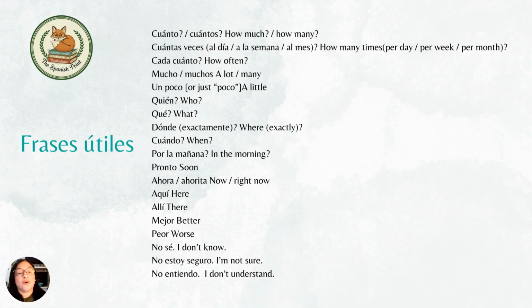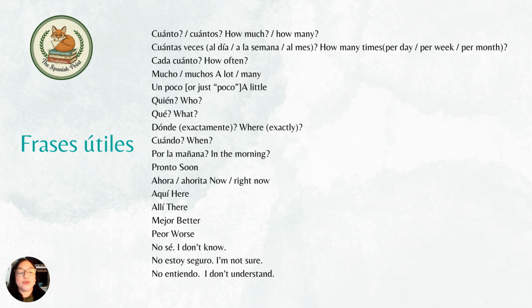Cada cuánto, how often, mucho or muchas, a lot, many, un poco, just a little, quién, who, qué, what, dónde, where, cuándo, when. And to talk about the moment of the day, we use the preposition por la mañana, por la tarde, por la noche.